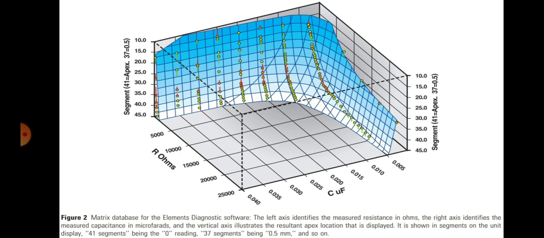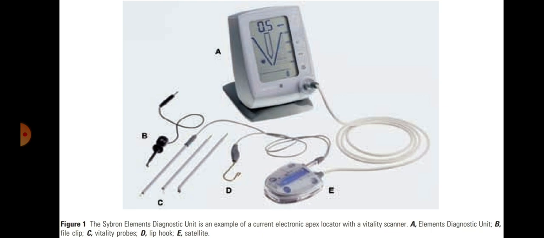Have a look at figure 1. Figure 1 is the Sybron Elements Diagnostic Unit, an example of a current electronic apex locator with a vital scanner.